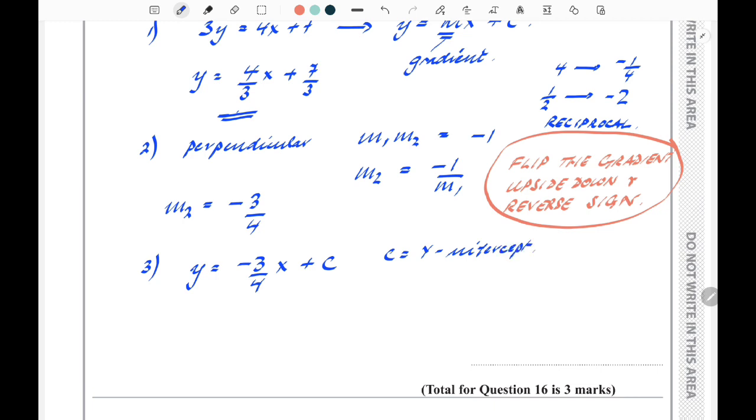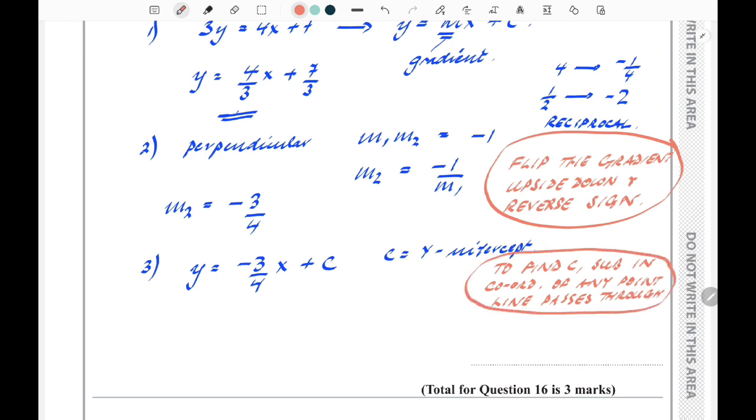Okay, to find c, and again I'm going to put that in, to find c, substitute in the coordinates of any point the line passes through, which the question actually gives us very specifically, all right?